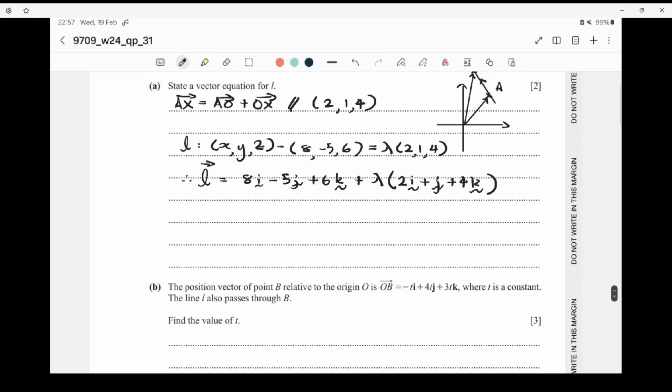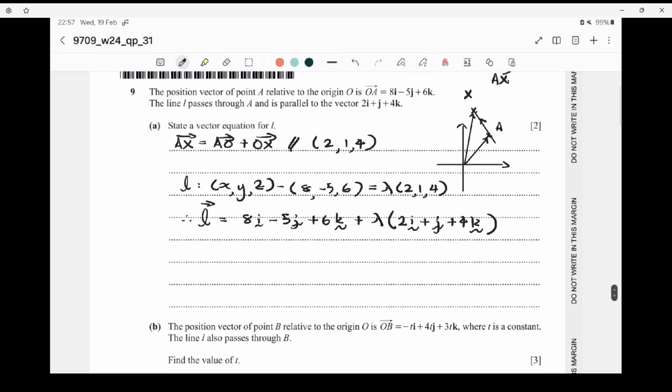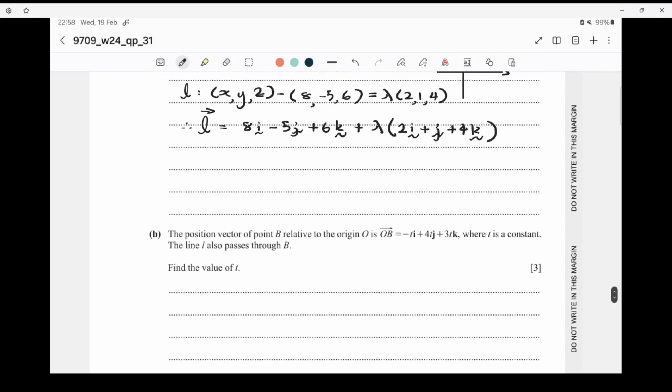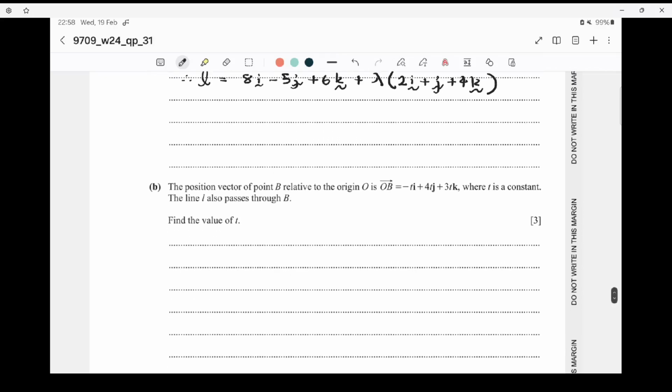Alright, so did I do anything wrong? Nope, I did not. Alright. So part B, the position vector of point B relative to the origin is that, and line L also passes through B. Find the value of t.